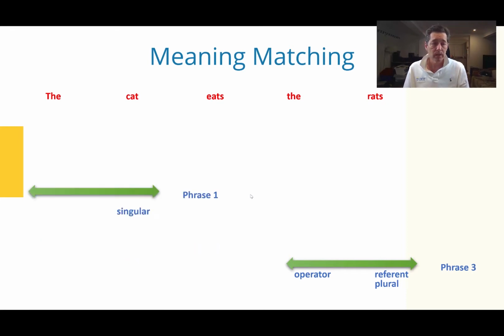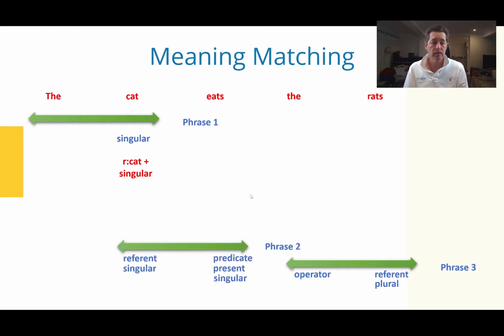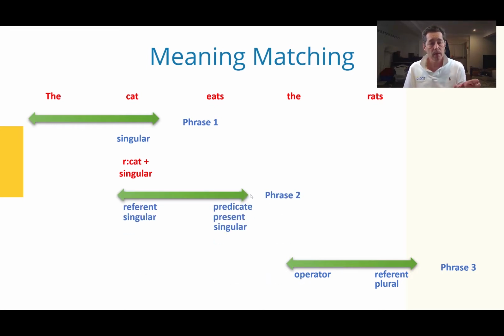So here's going to be an example. So we see the cat. We match this as it's a singular cat. So we're going to store the meanings, in this case, the meanings of cat plus that attribute singular. That's our first phrase. Then the fact that we have that singular referent, we can now match it with the word eats, which is predicate, present, and singular, and that phrase is then going to retain eats, as we just said.